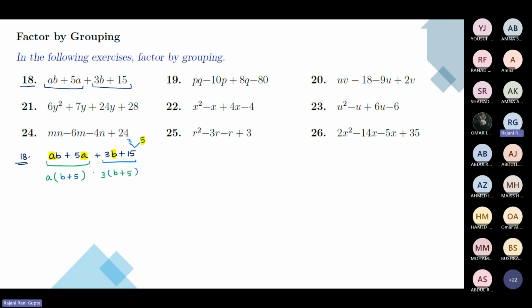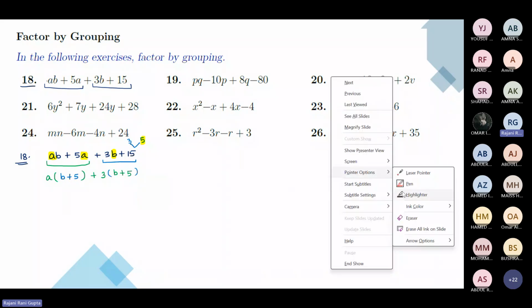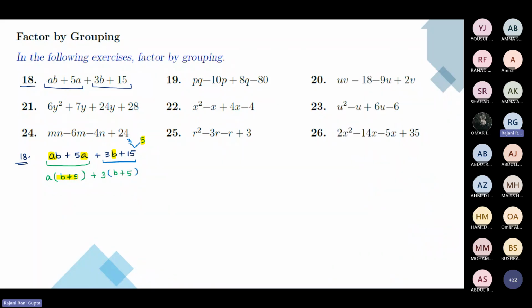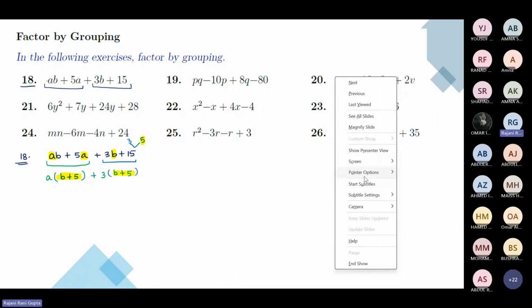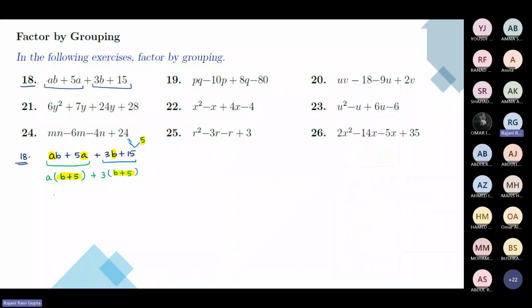In between these two terms, the sign is positive. Now, if you look at it, what do you see? b plus 5 and b plus 5. This bracket is the same. So if you take this b plus 5 as a common factor, you are left here with a, and here you are left with 3.